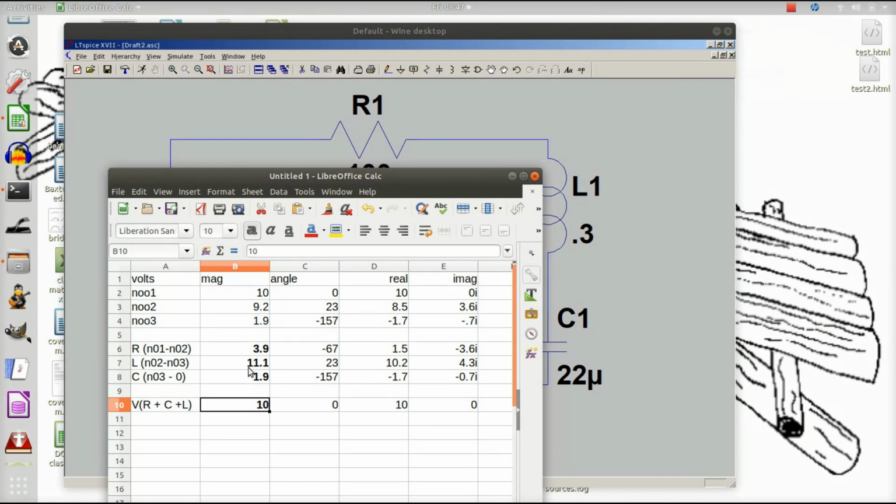If you do it with a meter, it will look like it doesn't. But if you take into account the phase angles, it absolutely does add up. And that's important to know from an AC standpoint.